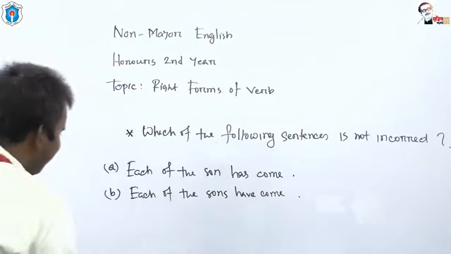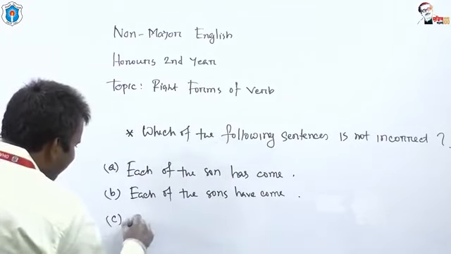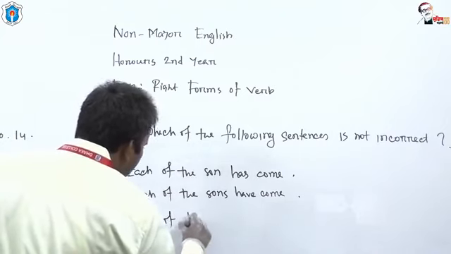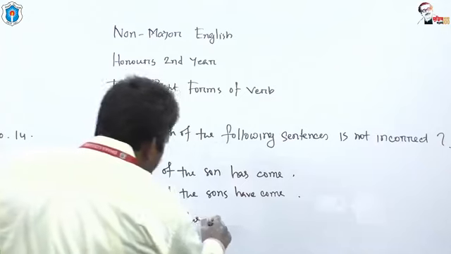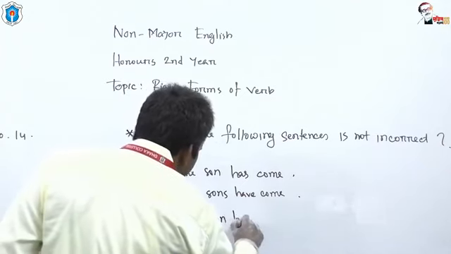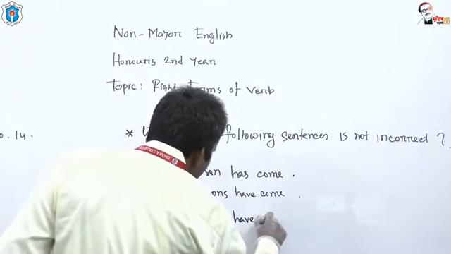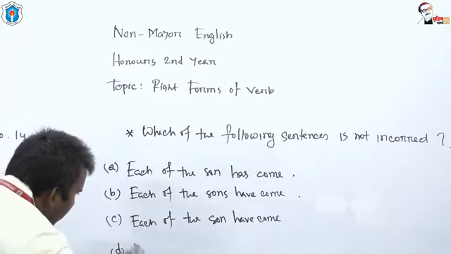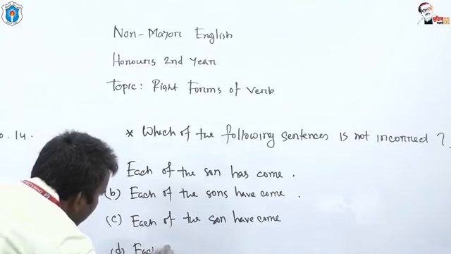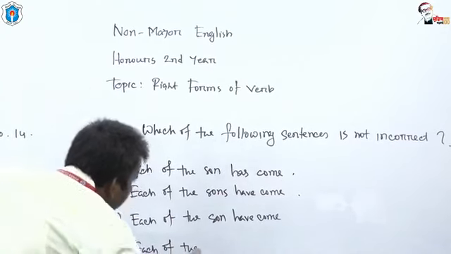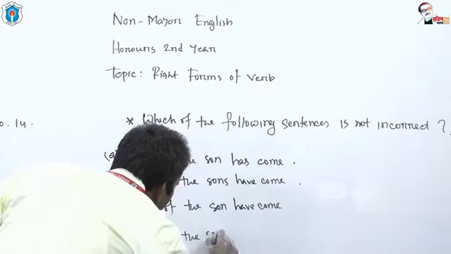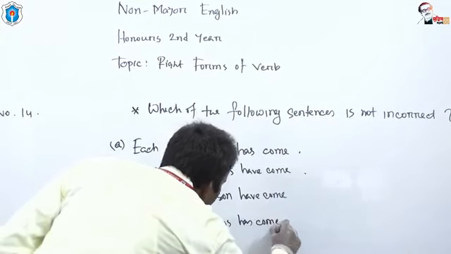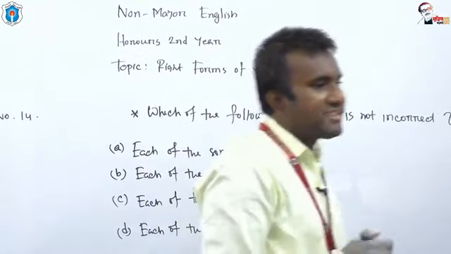Option C, each of the son have come. Option D, each of the sons has come. Which one is the correct answer?